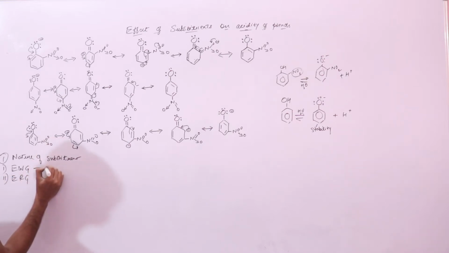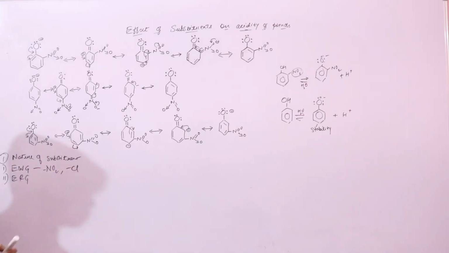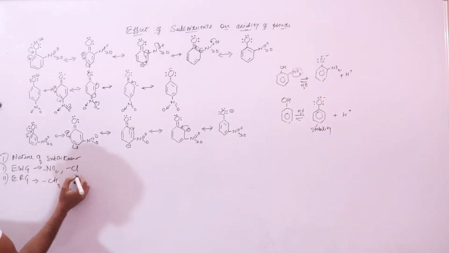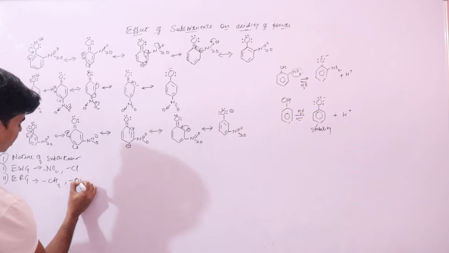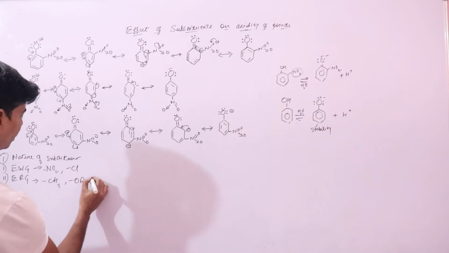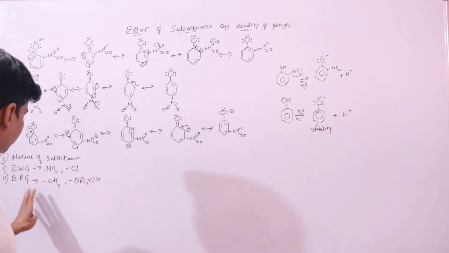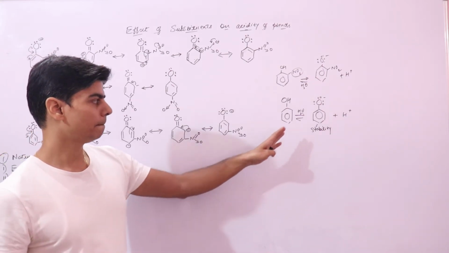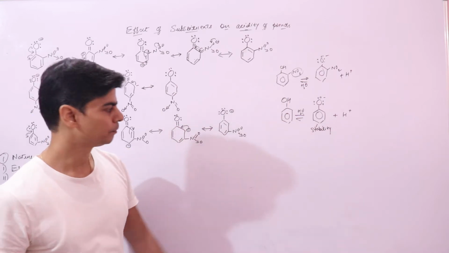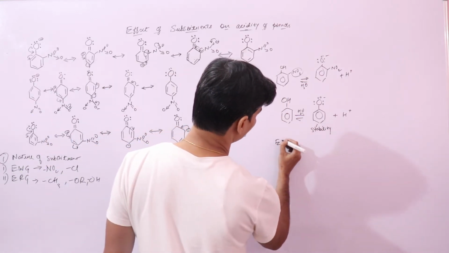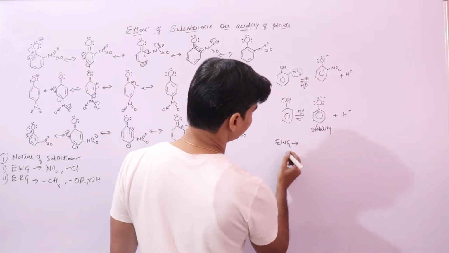Electron withdrawing group is like NO2 group, Cl group. Electron releasing group is like methyl group, alkoxy group, or OH group.